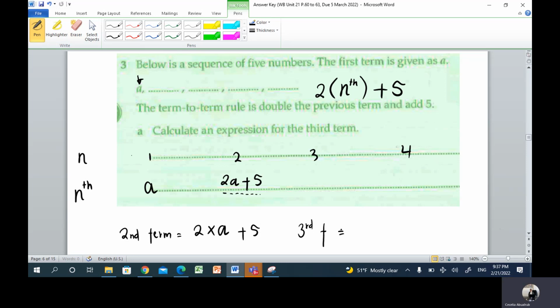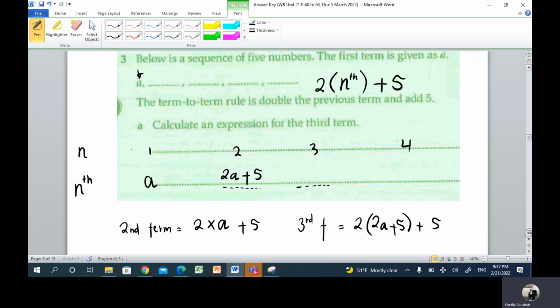The third term is equal to 2 times the previous term, which is 2a plus 5, and since it is an expression, I must place it inside a bracket in order to multiply it by 2. So 2 times this expression, 2a plus 5, plus 5.